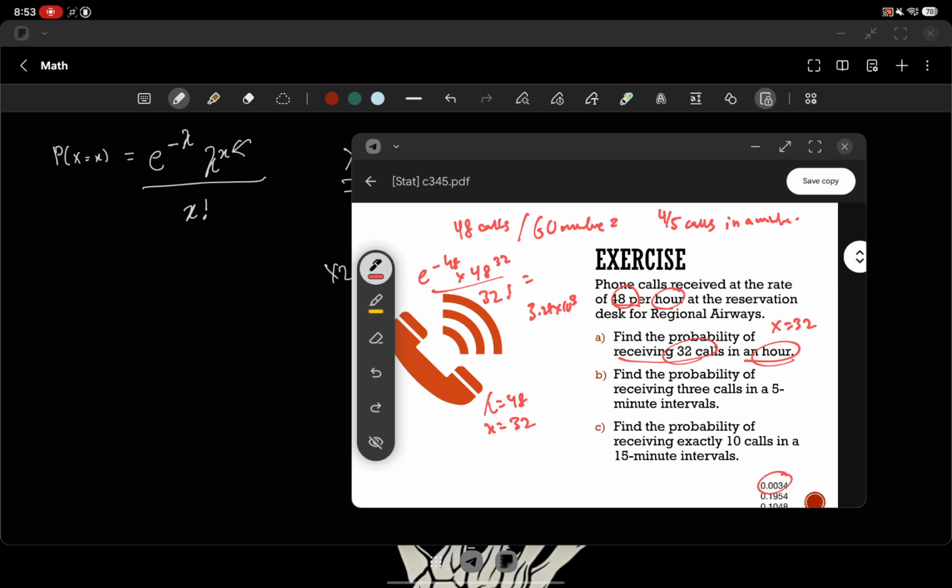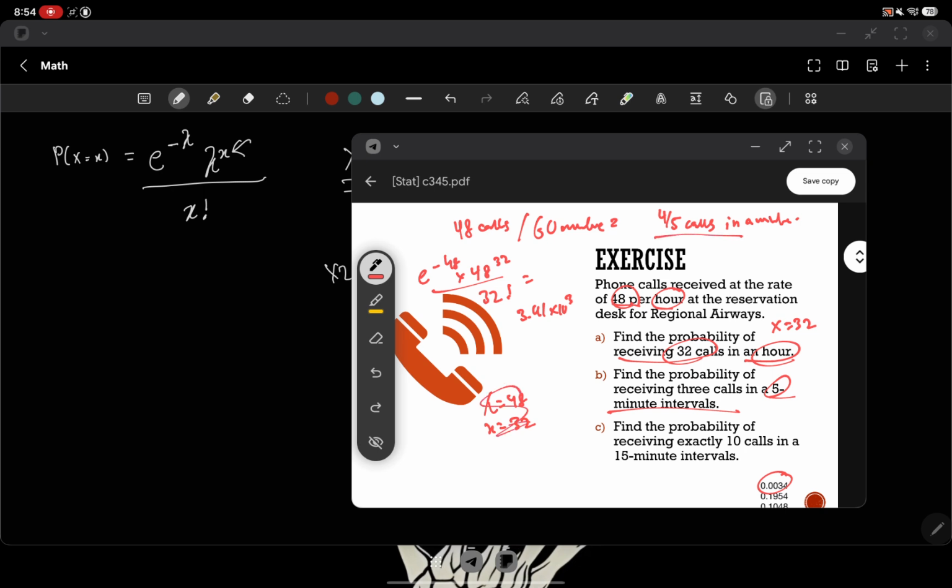Sorry, I get 3.41 times 10 to the negative 3. Now, in a 5-minute interval, we know that it's 4 over 5 in a minute.